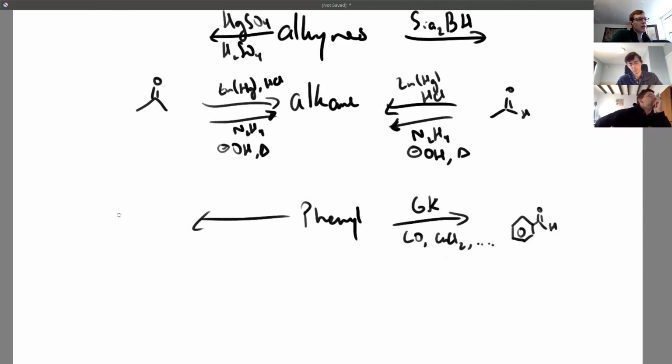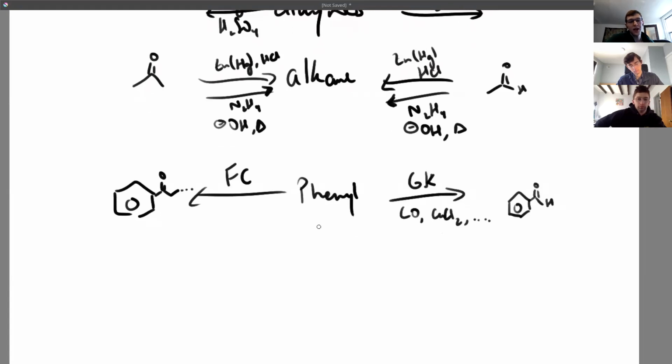Right. Okay, and then if we want to do the other side, we could do a Friedel-Crafts, couldn't we? Yeah, Friedel-Crafts. Nice. These are both from last time.